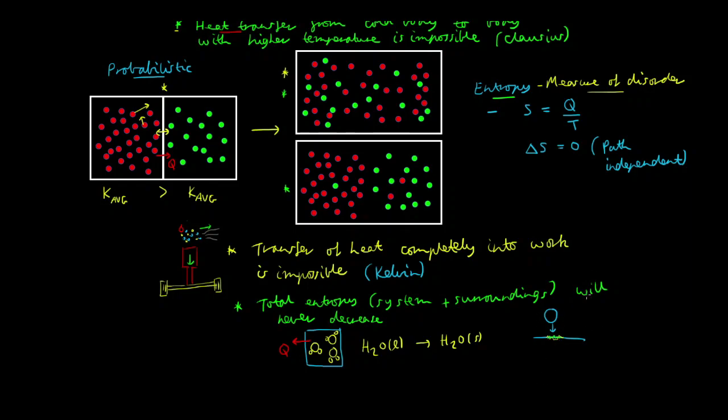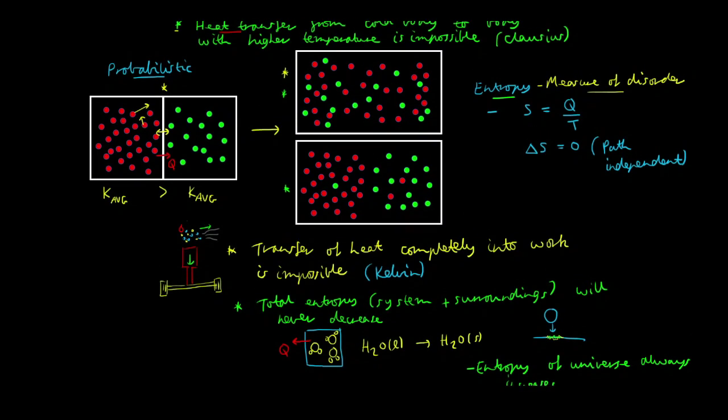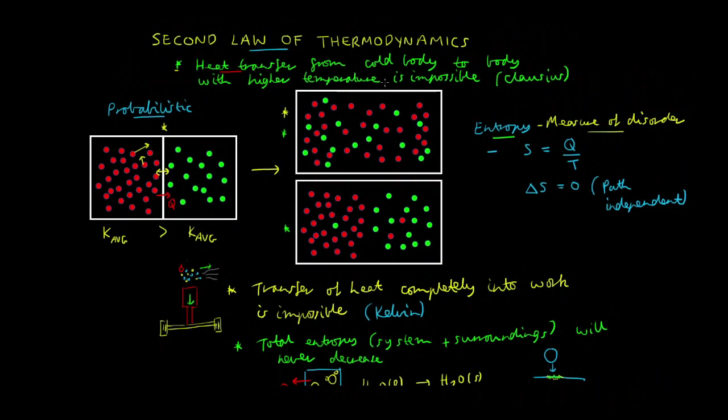So entropy is always going to increase. Consequently, the entropy of the universe, the entire universe, is always increasing. And we'll use these interpretations in subsequent videos involving the second law of thermodynamics.